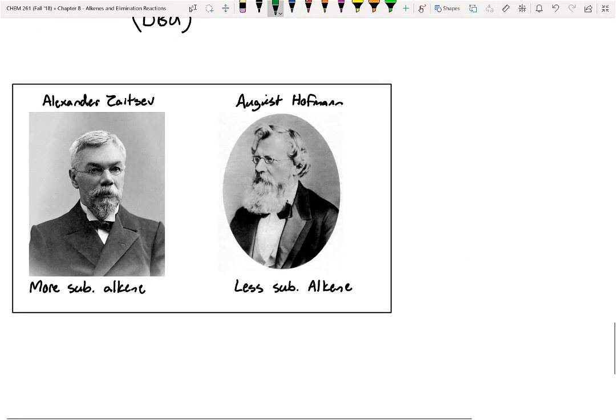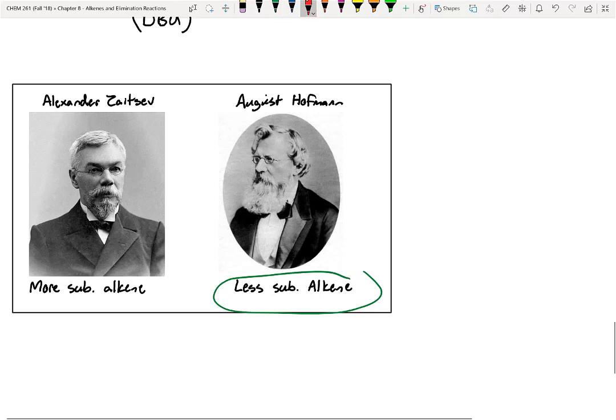So this guy on the right, August Hofmann, was looking at alkylating amines in particular. If you alkylate an amine and make it a cation, then amines become really good leaving groups. He noticed when he did E2 chemistry with these, he would get the less substituted alkene.